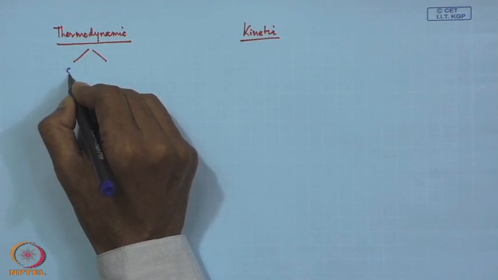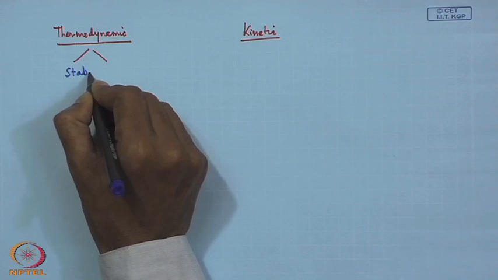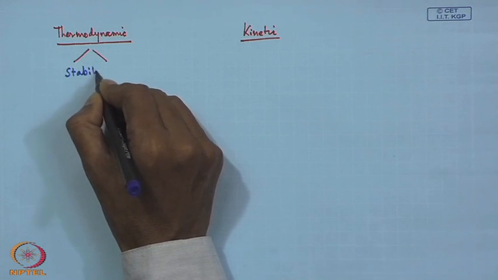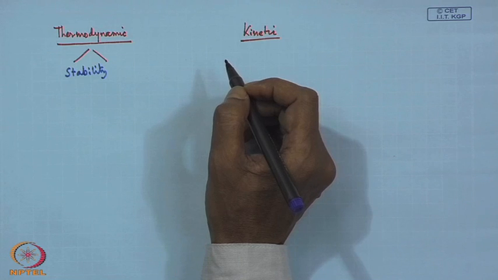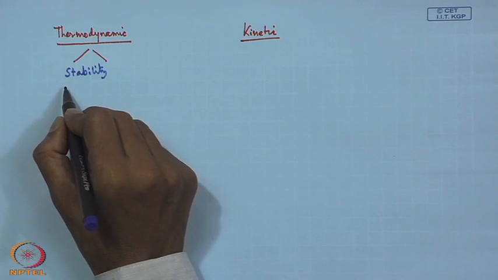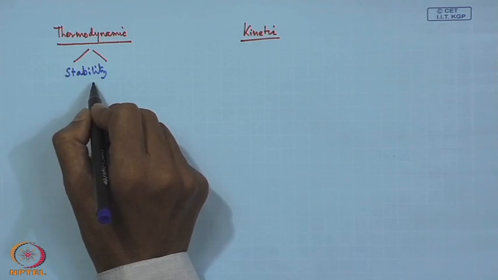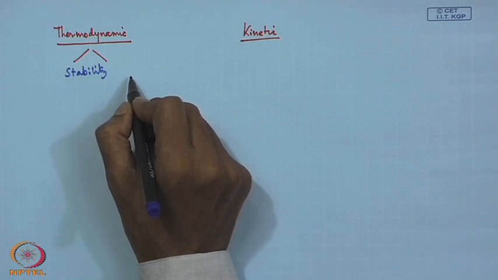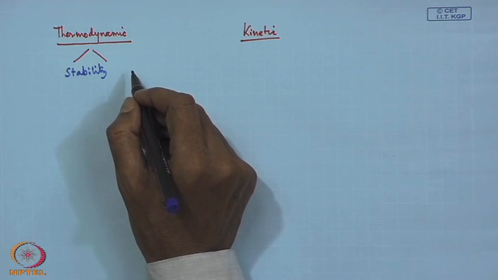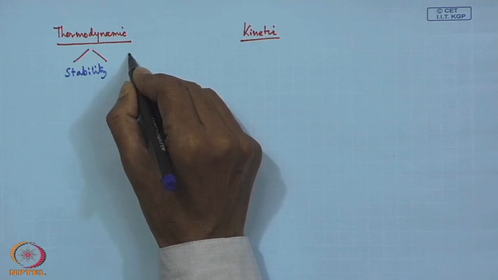So, we talk about the stability of the complex. One can be very stable, have a high stability, and one can have low stability for the corresponding thermodynamic parameter depending upon the K value.